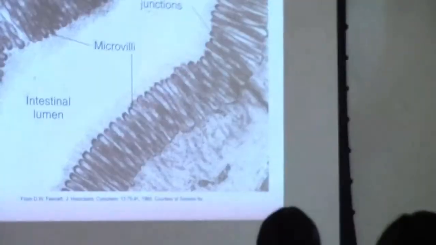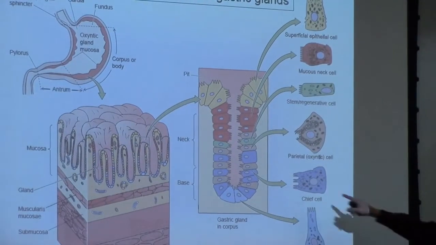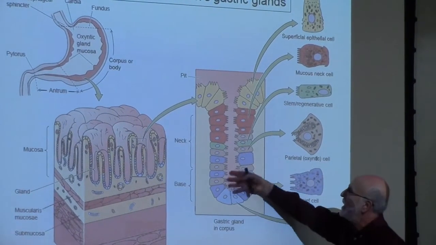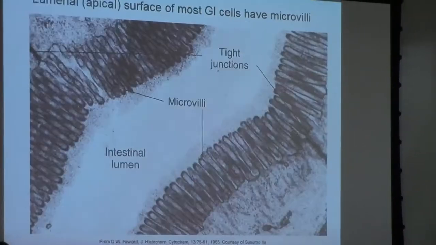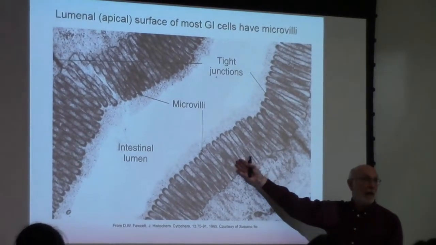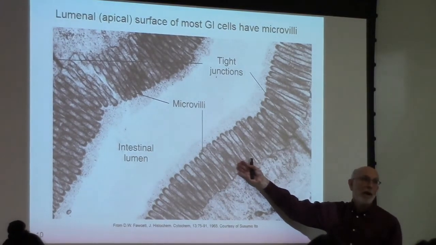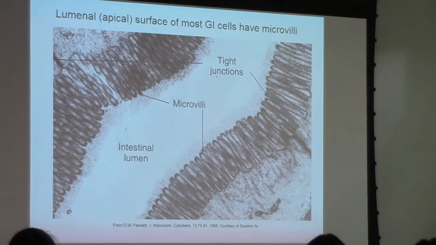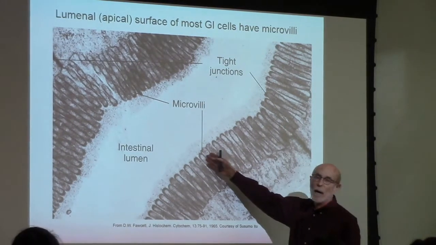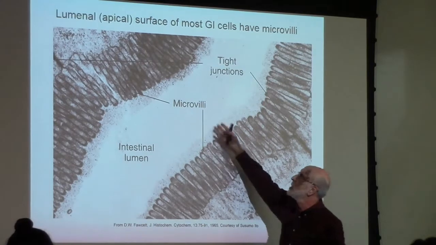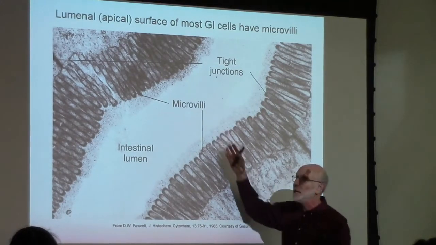Okay, so remember, this is just an electron micrograph. Remember that these cartoons showing these tiki things are cartooning something real, the highly folded brush border of the apical membrane. In the kidney we call it the brush border. In the digestive tract we call it microvilli.